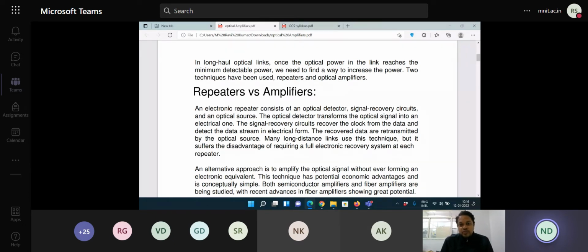Okay, so what I mentioned is 3R repeaters: reshaping, retiming, and reamplification. When we think about optical amplifiers, the optical amplifier directly will not do any reshaping or retiming. What it does is directly amplify the optical power which is coming at that point. I believe this is understandable.